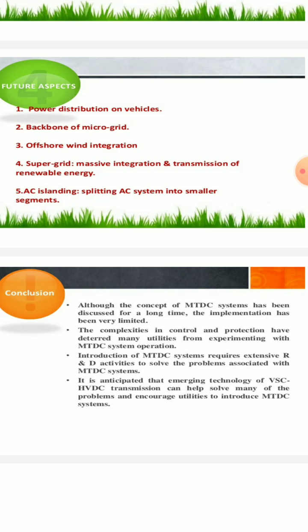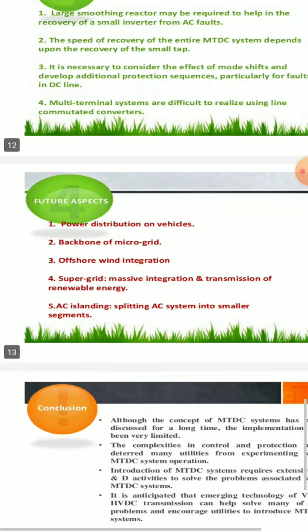Introduction of MTDC systems requires extensive R&D activities to solve the associated problems. It is anticipated that the emerging technology of VSC HVDC transmission can help solve many of the problems and encourage utilities to introduce MTDC systems. This is the conclusion.